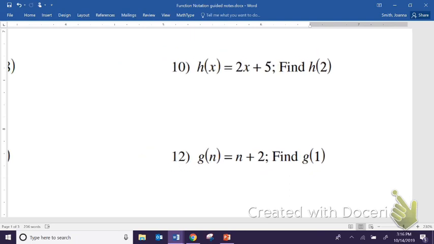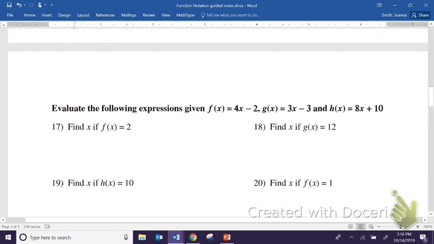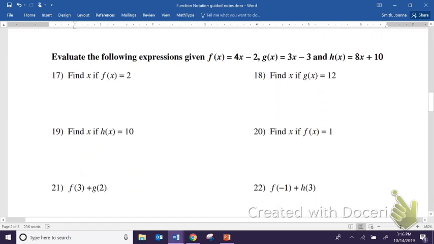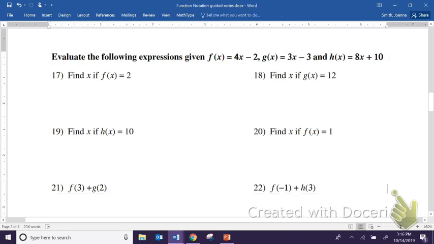Okay. Now we'll go back to the thing. So we've done function notation, fancy function notation, and now we've talked about evaluating each one of those functions. The next step to this is now all of a sudden you're given 3 different equations. You're given f of x equals 4x minus 2, g of x equals 3x minus 3, h of x equals 8x plus 10.